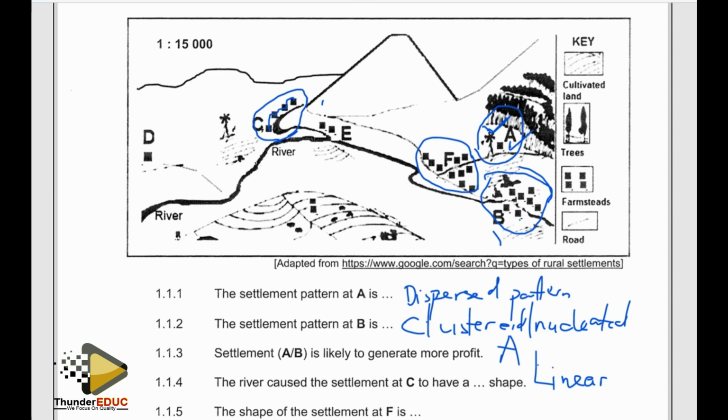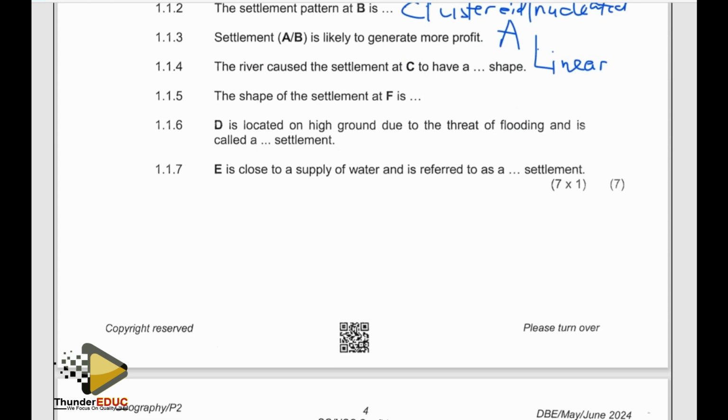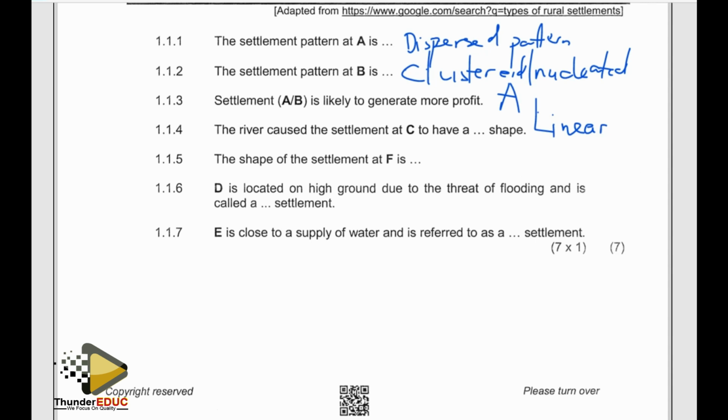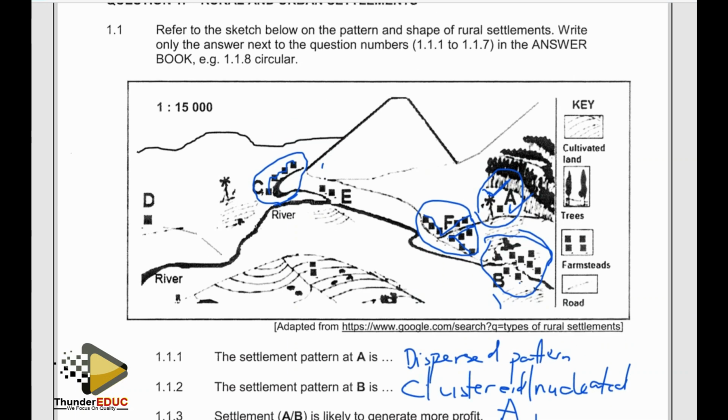You see we have units coming from this side, they get to the junction, they branch. And also we have units coming from this side, they branch like this, giving us a T shape. So in this instance, that kind of settlement shape is a T junction type of settlement, influenced by the intersection of this route coming from this side.